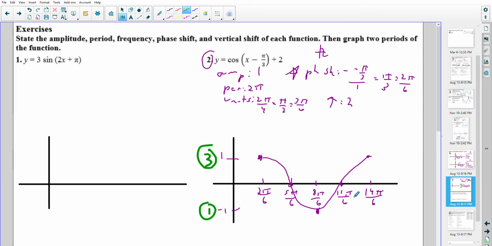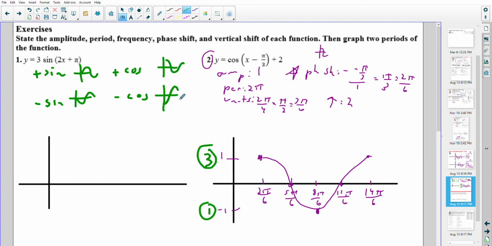Now, along with that, we're going to have a positive sine and a negative sine, a positive cosine and a negative cosine. And these graphs are going to look like this, more or less: starting in the middle, going up; starting in the middle, going down. Cosine starts up on top, negative cosine is going to start on the bottom.